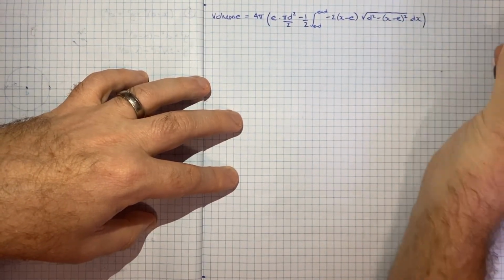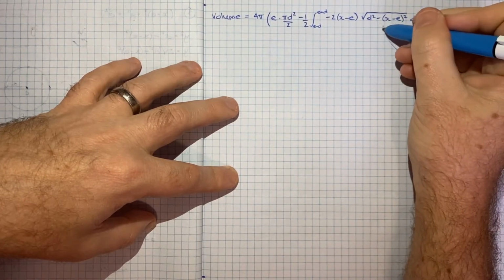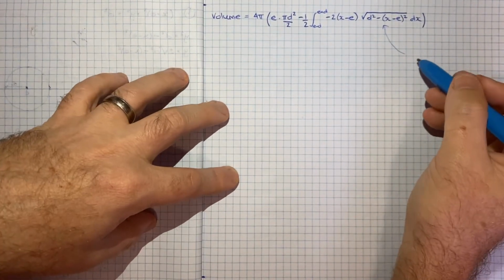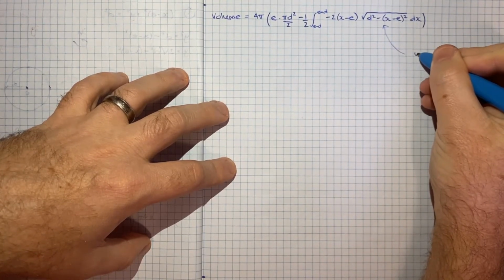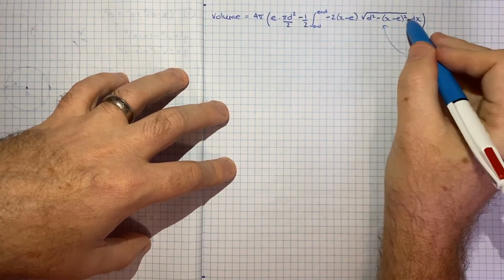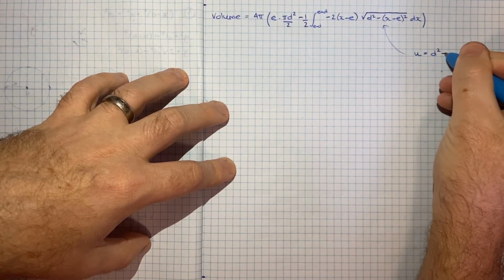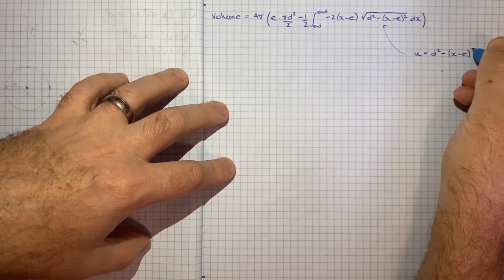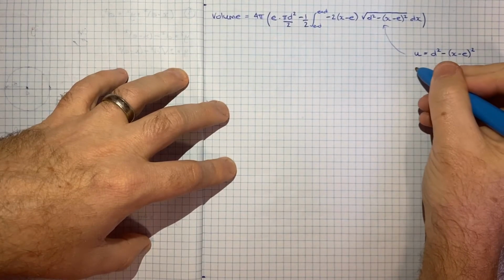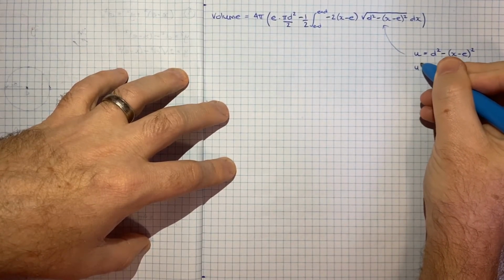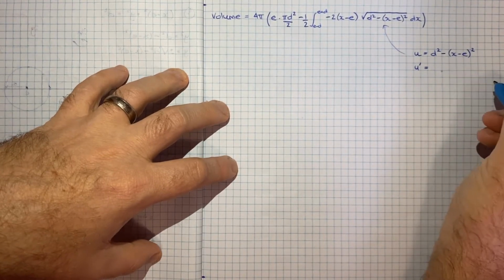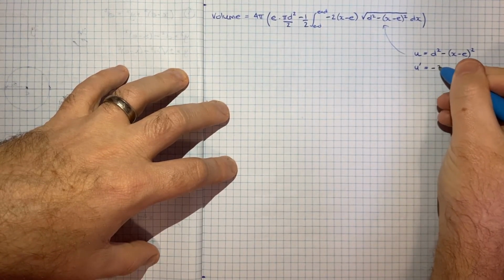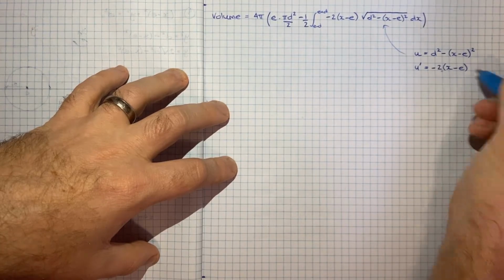dx. Now over here I'm just going to do the side working for the reverse chain rule. So if I let u equal what's under this square root, so d squared minus (x minus e) squared, then u dash, or in other words du dx, would be equal to -2(x minus e).